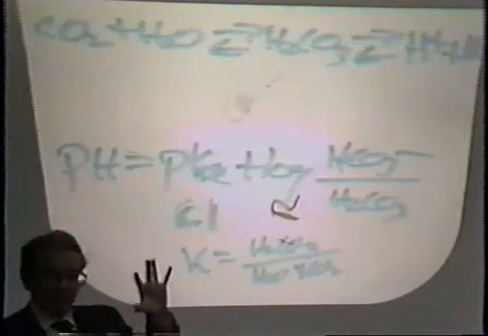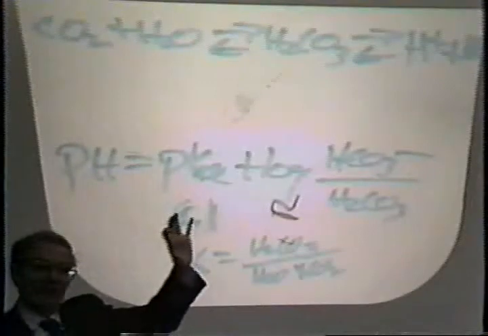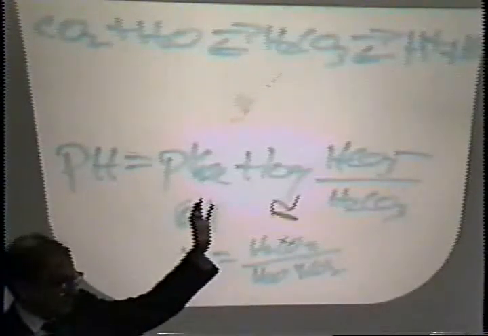The lower the pressure, the more is going to tend to come out of the water and go up into the gaseous phase above that water. Now, the amount of carbon dioxide dissolved in the water is proportional, therefore, to the pressure of carbon dioxide in the gas phase above it. That's all I'm saying. Intuitively, we would all expect it to be that way. It turns out to be, in fact, very accurately that way.